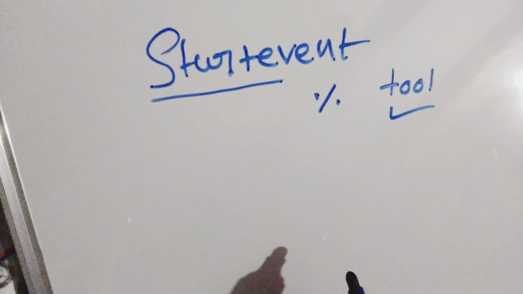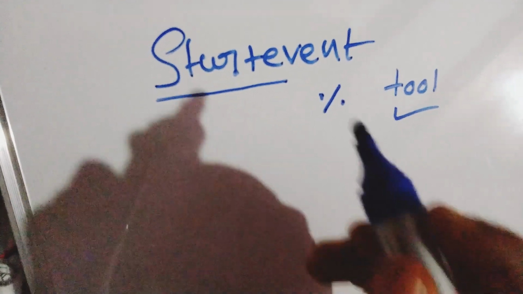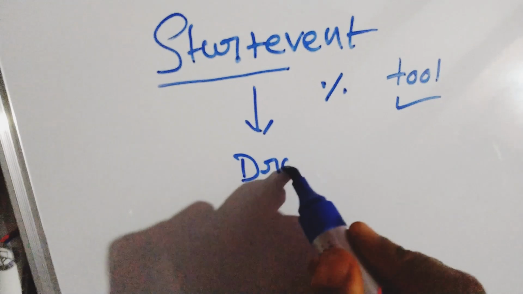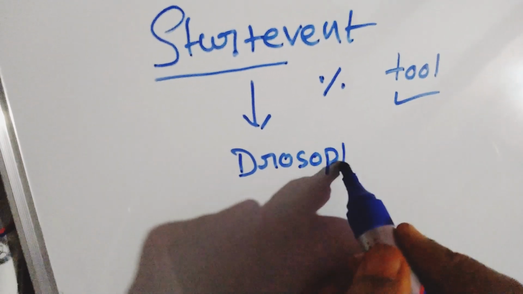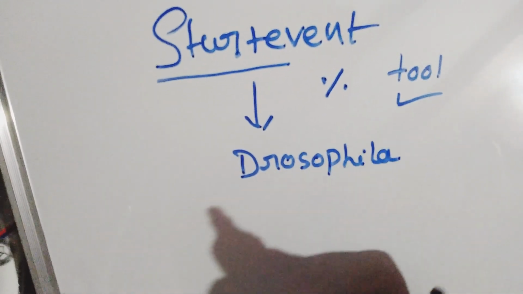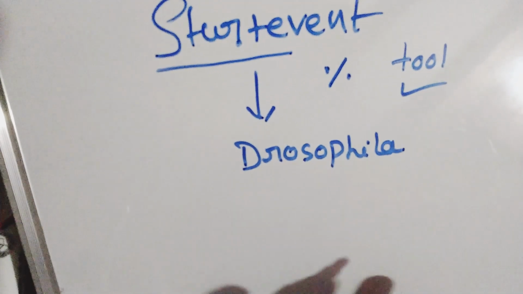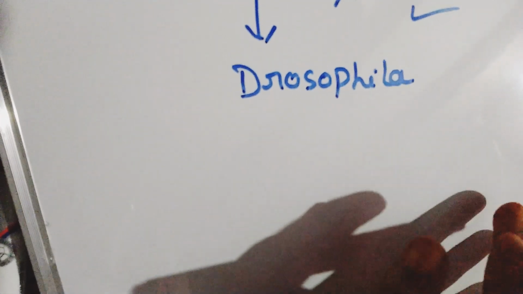He gave the first chromosome map of Drosophila melanogaster.